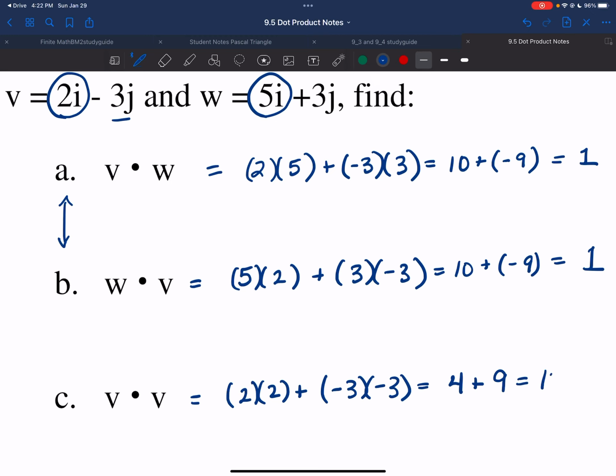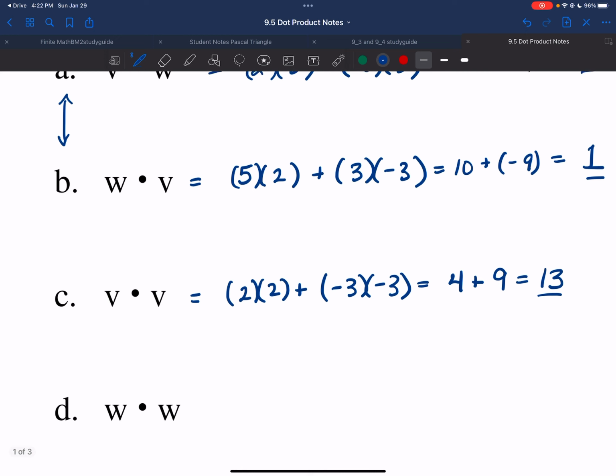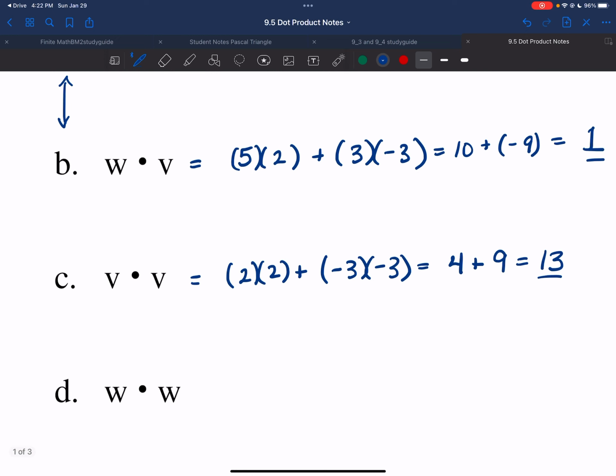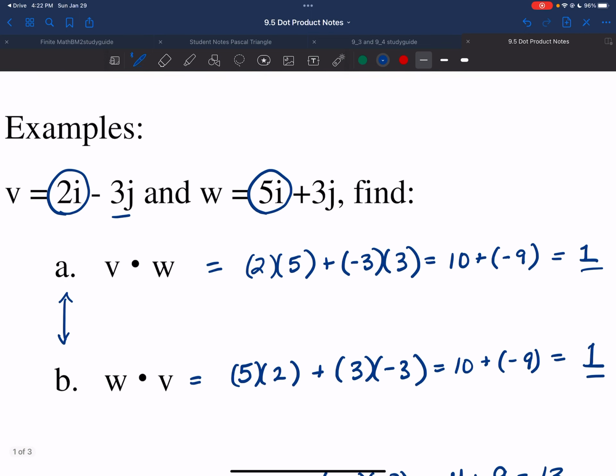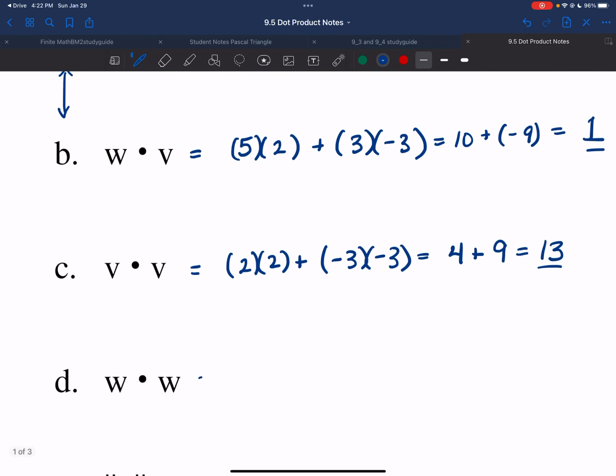So we have a value of 13. Now let's take a look at w dot w. So 5i plus 3j, that will be 5 times 5 plus 3 times 3. So we get 25 plus 9. That gives us 34.